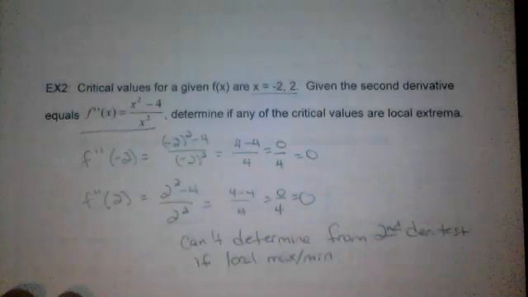So if the second derivative gives you a 0, it doesn't mean that it's not a max or min. It just means that we can't use that test to determine the max or the min.